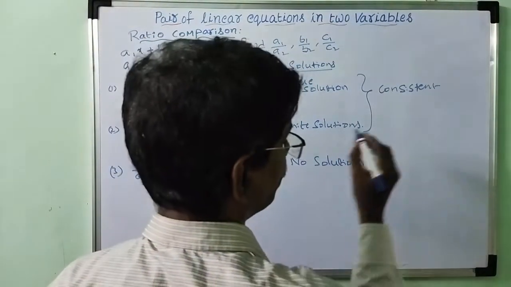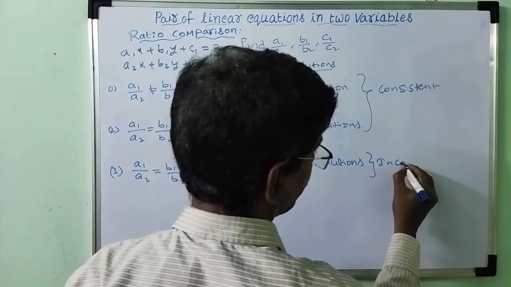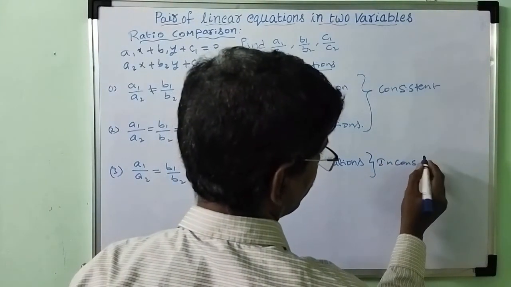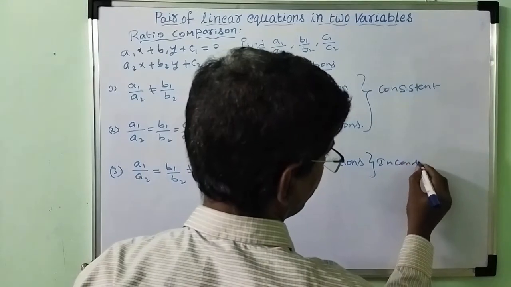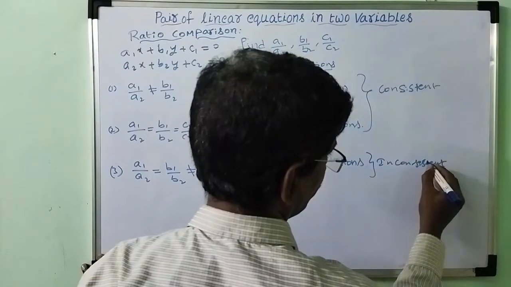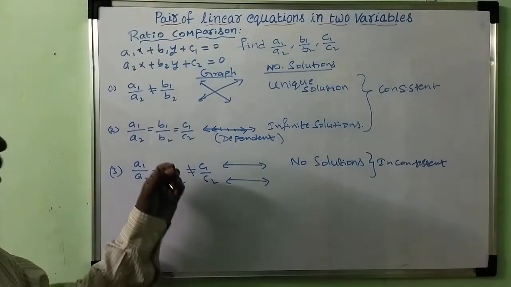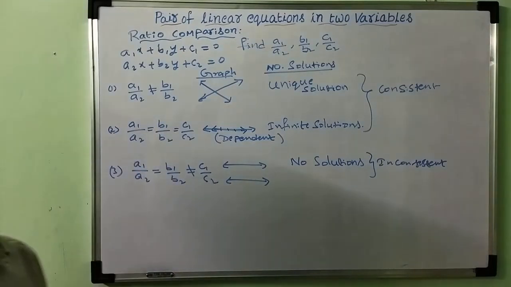So this type of equations are said to be inconsistent. Now we will see an example for each of these three types.